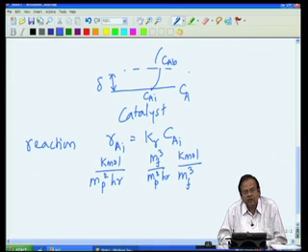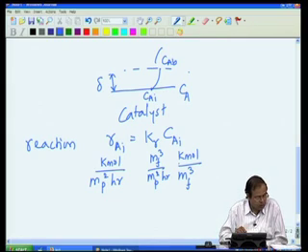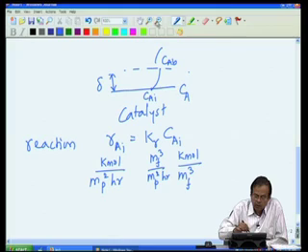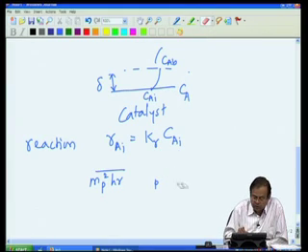Now, the reaction rate constant over here has units of mf cube per mp square hour. It is same length m and m on numerator and denominator, but f subscript and p subscript over here. Okay.